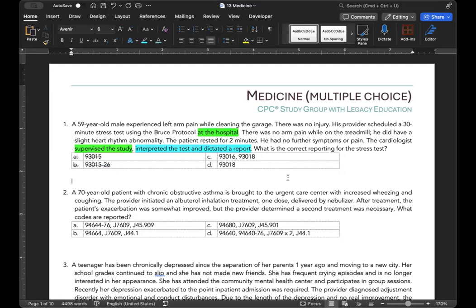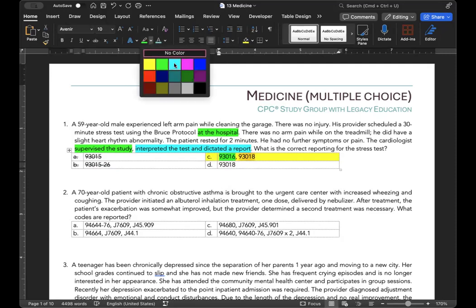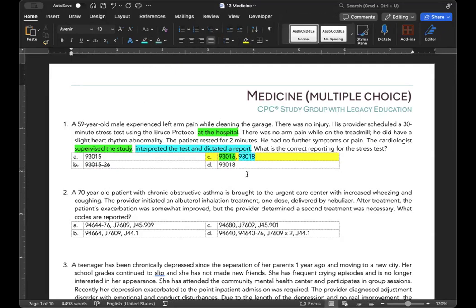93016, 93018. Yep, that's our final answer: 93016 and 93018. The 16 is for the supervision only, and the 18 is for the interpretation and the report.